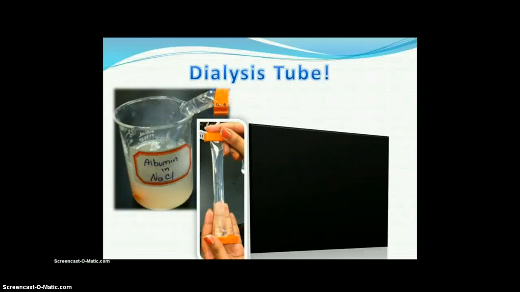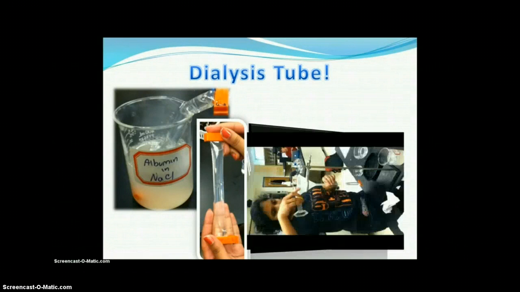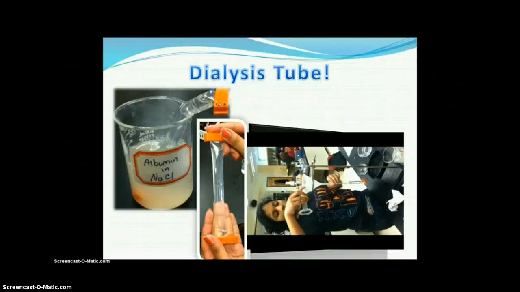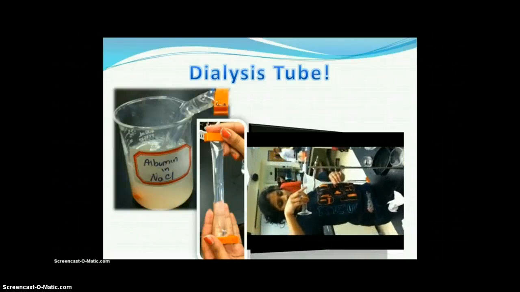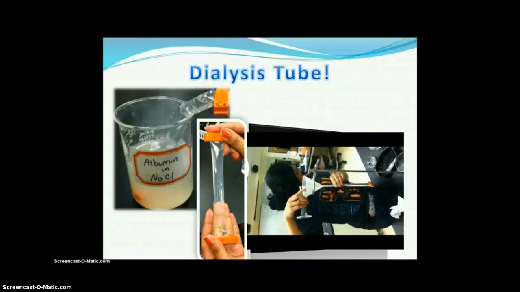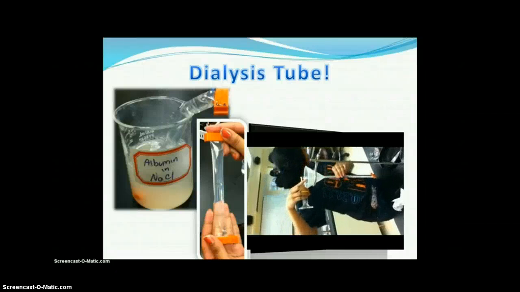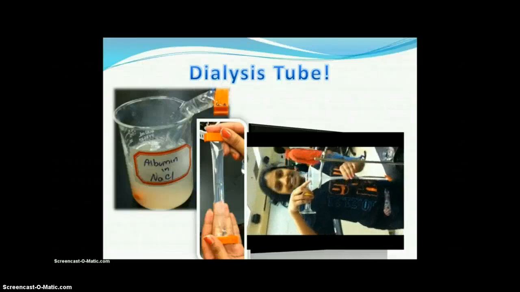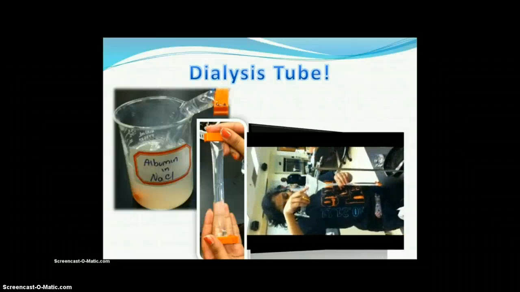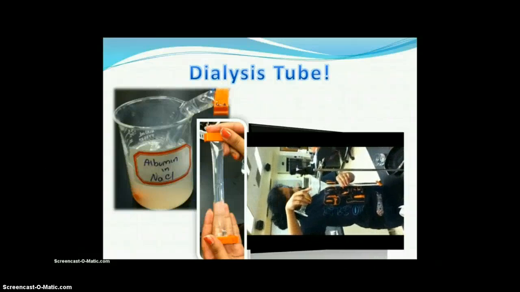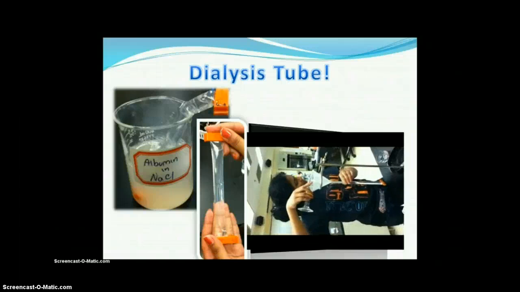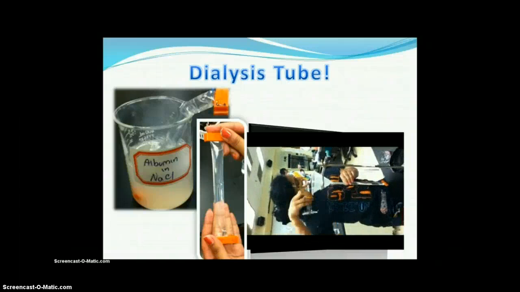So here we have some pictures and videos of the preparation and completion of the dialysis tube. So we'll start out by watching the video. We're pouring 25 milliliters of starch Na2SO4 solution into our 25 centimeter tubing.